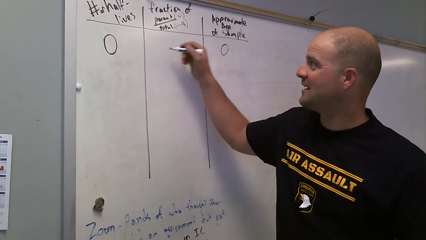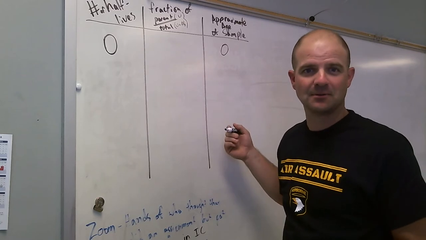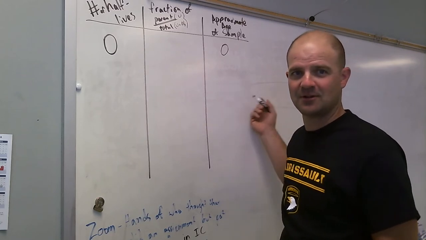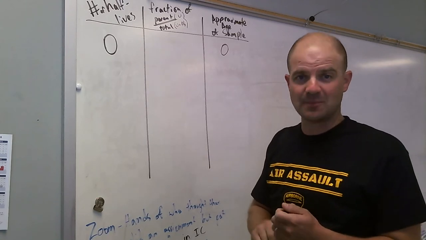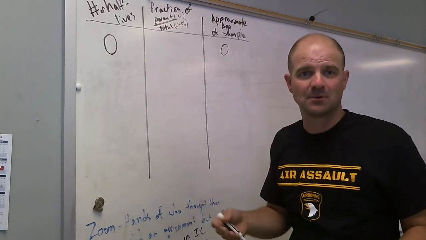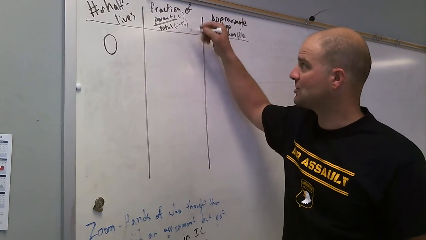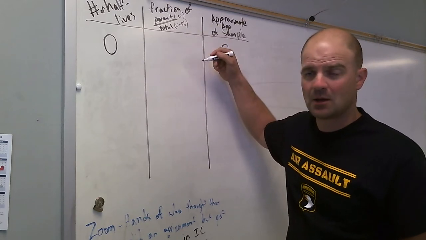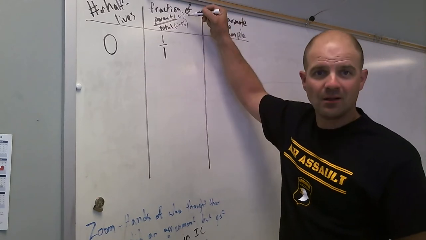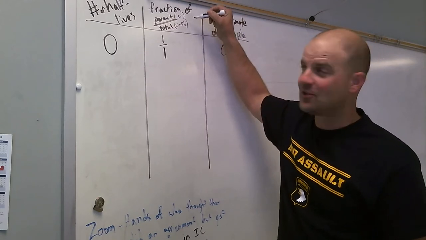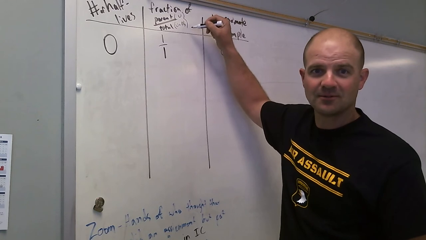If nothing has happened, if no decay has happened, it'd be 0, right? No half-lives, no age. It's probably undeterminable, honestly, because maybe it'd be a little old, but not enough decays happened, okay? And then the fraction, of course, would be 1 over 1. So 1 over 1, because all of the total would be parents.